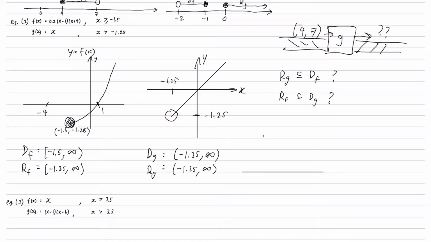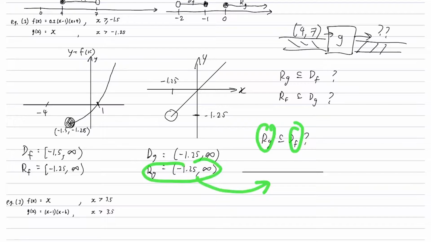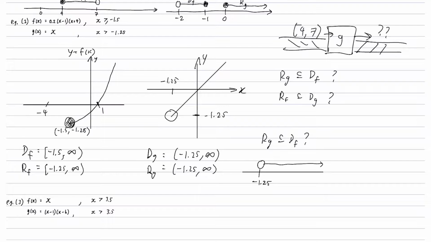Consider the first case, Rg subset of domain f. So we focus on Rg and domain of f. Rg tells me -1.25 to infinity. It's a subset. Yeah, correct. But for RF and DG, I'm not sure because they're the same. Wait, hold on. Let me see. I designed it such that only one of them should be true.